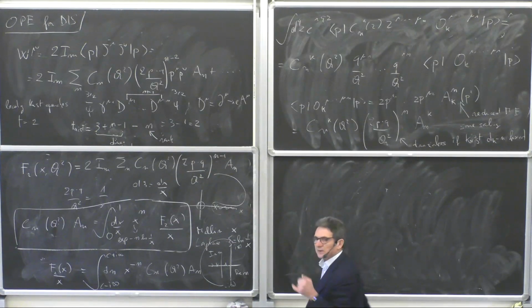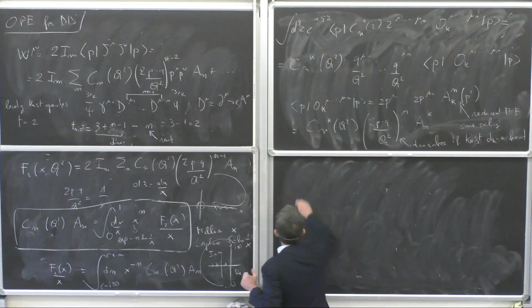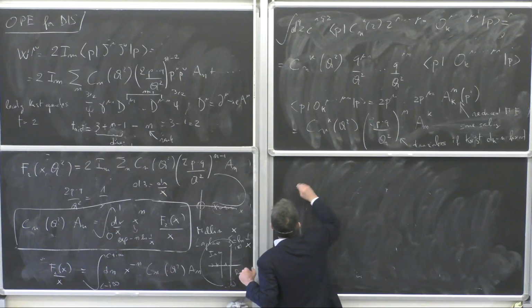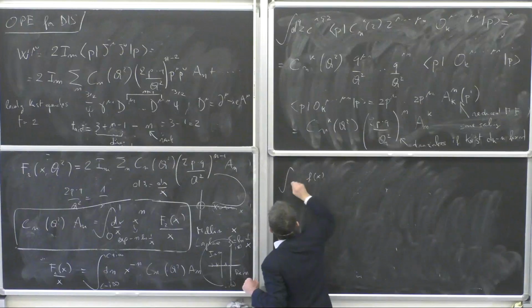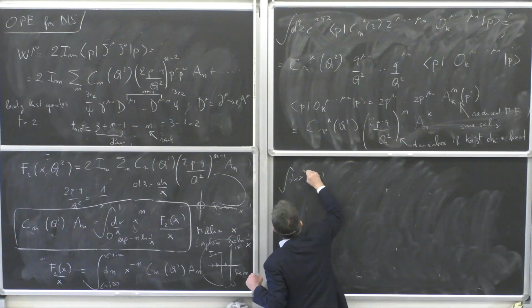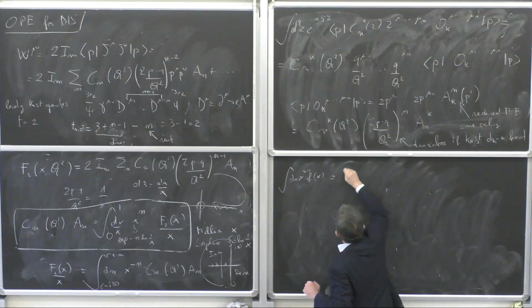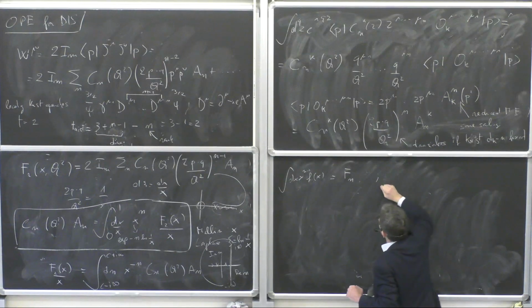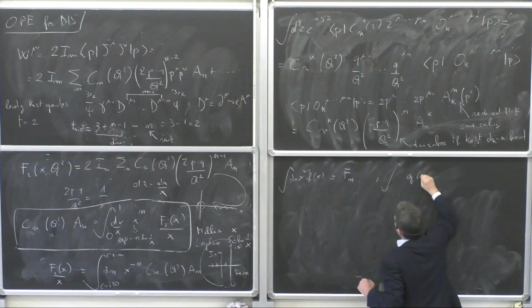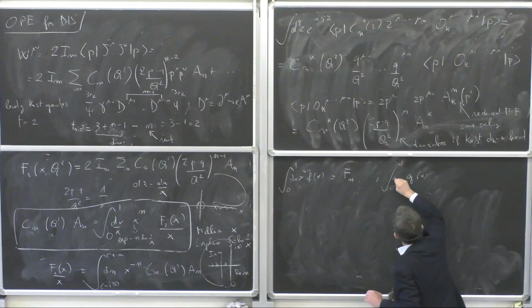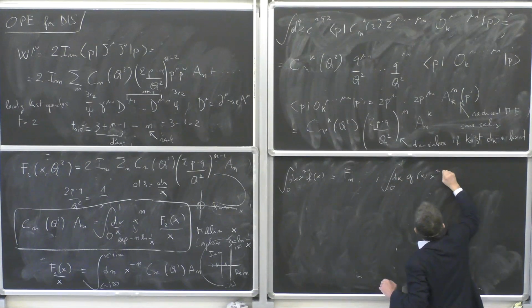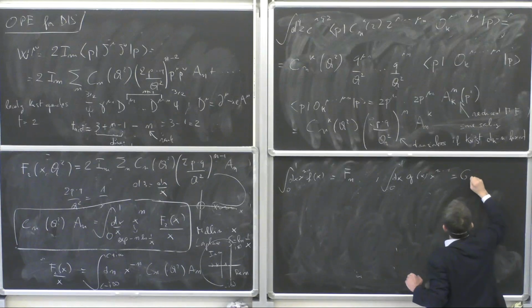So the convolution theorem tells us that if you have 2 functions, so let's say you have one function f of x, of which you calculate Mellin moments, integral dx x^(n-1), which you call big F as a function of n. And then you have another function, g of x, of which you can calculate, again, Mellin moments, integral from 0 to 1 dx x^(n-1), and you call this big G of n.